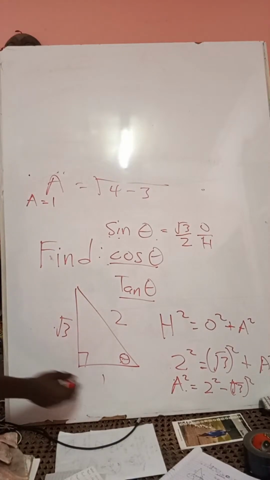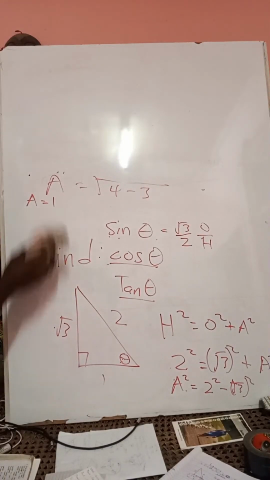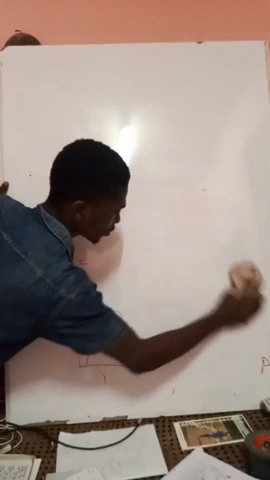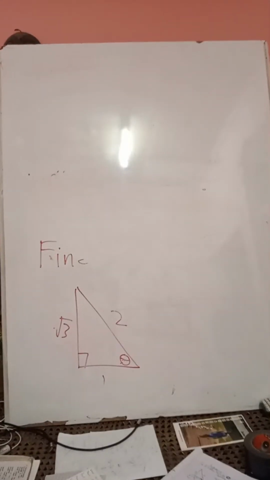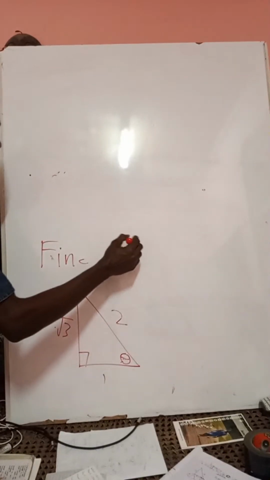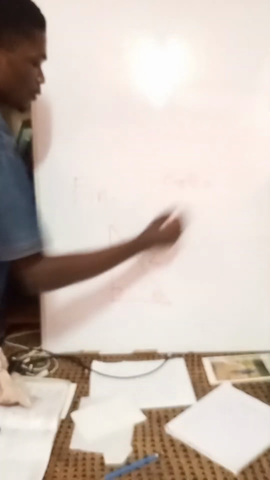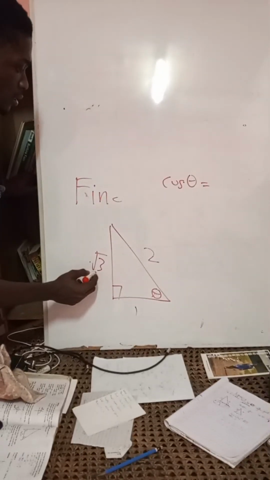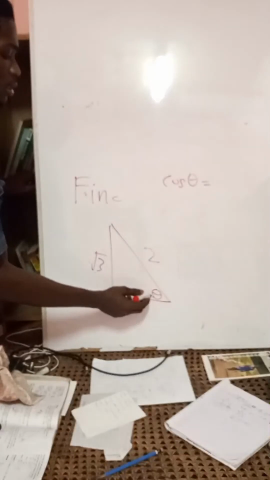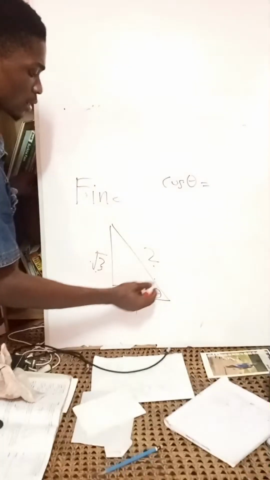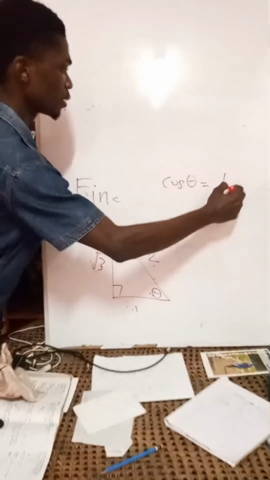After getting 1 at this side, you use it to find cos theta and tan theta. They gave us sine theta, and you're looking for cos and tan. From SOHCAHTOA, cos is adjacent out of hypotenuse, so cos theta is going to be 1 out of 2.